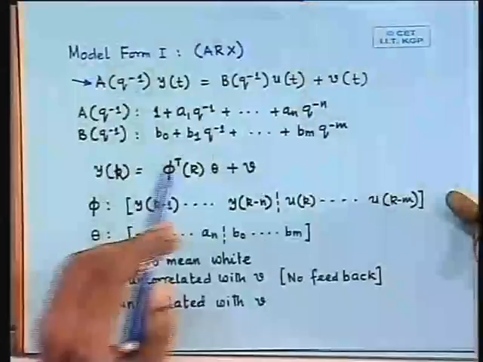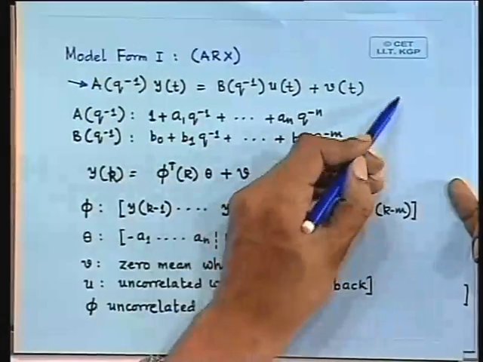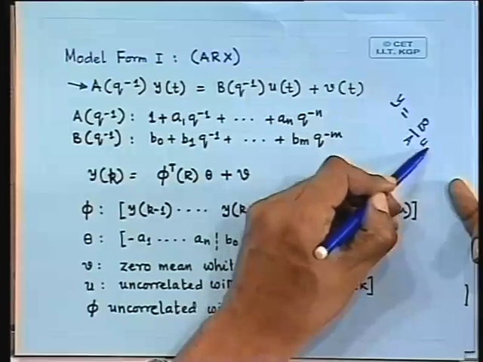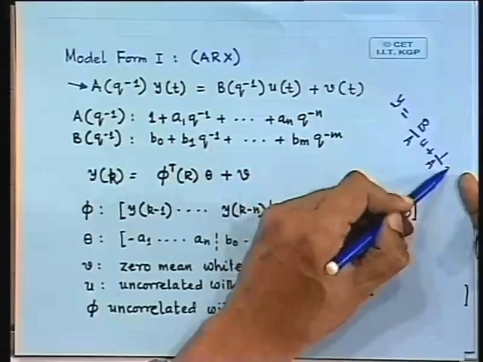I mean, you can have certain observations about this. For example, if you do this, you will find that y is equal to b by a u plus 1 by a v.